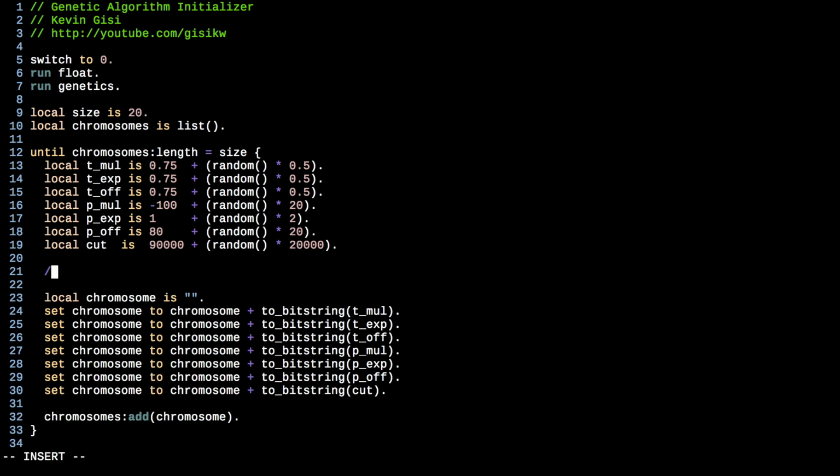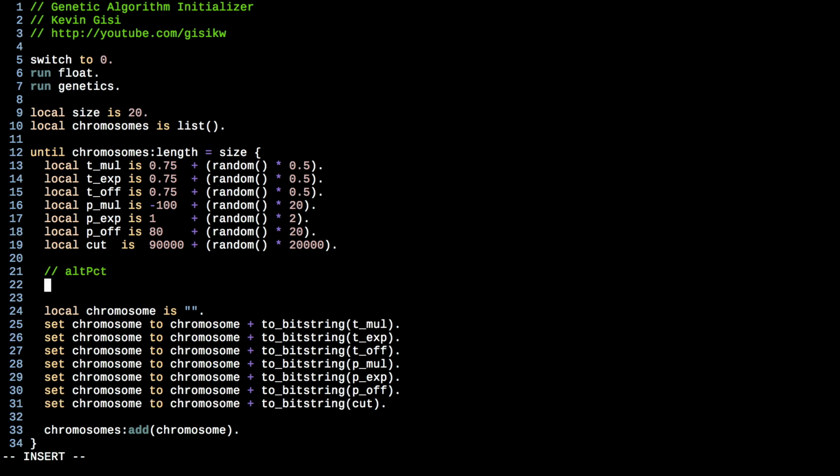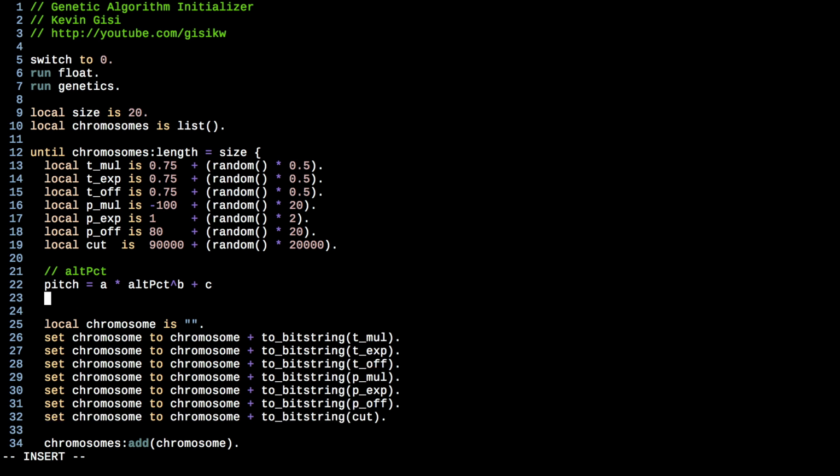So what this is going to do is we're going to say, let's say that we have an altitude percent, so that whatever target we're trying to get to, we're halfway there or whatever. We're going to say your pitch is going to be A times alt percent to the B plus C. We're just going to use a regular standard polynomial equation or math formula for those who are scared of polynomial equations.